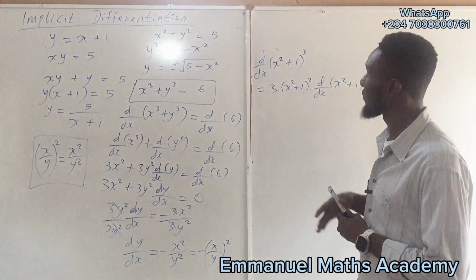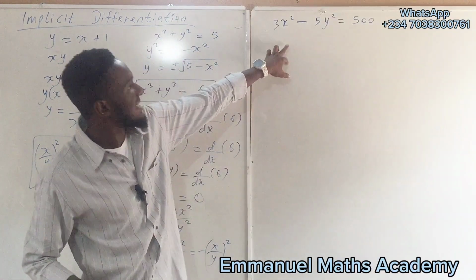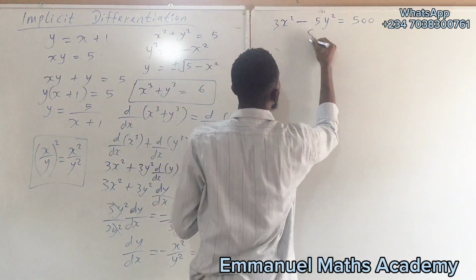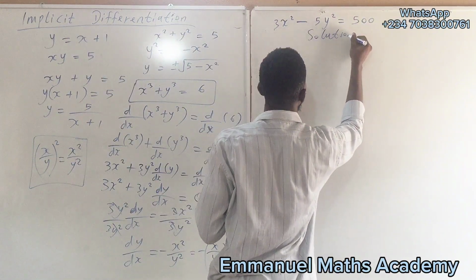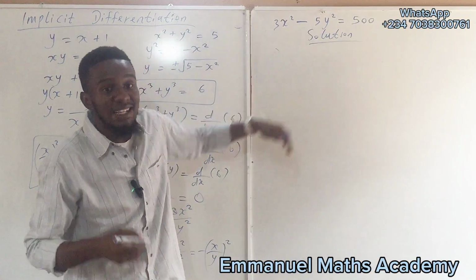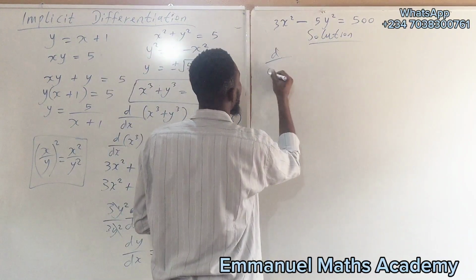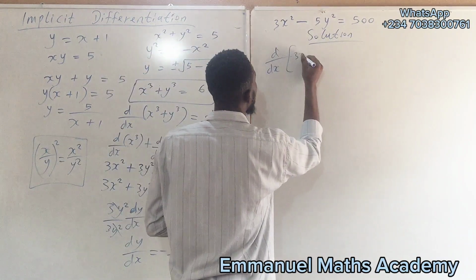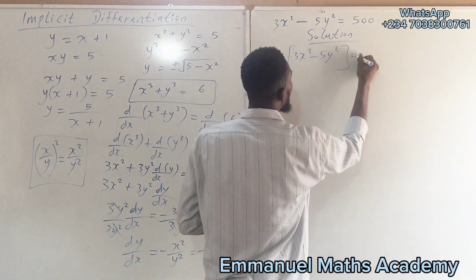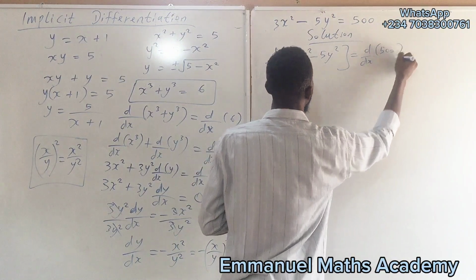Let's solve an example for you to understand better. Now let's solve this example. Look at this. Now, solution. What do you do first? To find the derivative of this, you take the derivative of both sides, which is what? d over dx of 3x power 2 minus 5y power 2 equal to d over dx of 500.